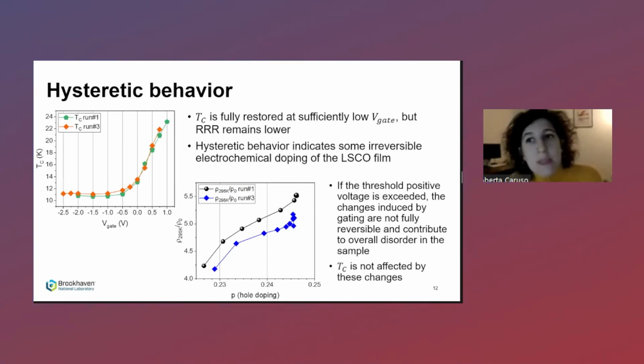These partially reversible changes in RRR indicate that there is some irreversible electrochemical doping, which is due to the ionic liquid. It is reasonable to assume that these changes contribute to the overall disorder of the material, because as you can see, the RRR remains lower. However, Tc is unaffected by these changes in disorder, and so this supports our initial assumption that disorder is not playing a significant role in the superconducting transition.